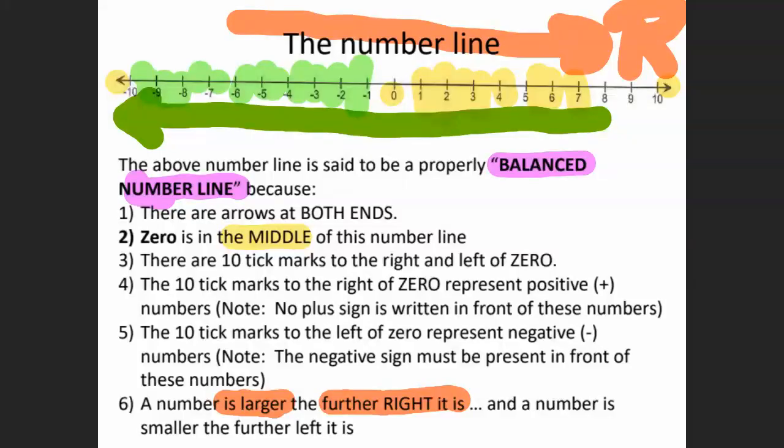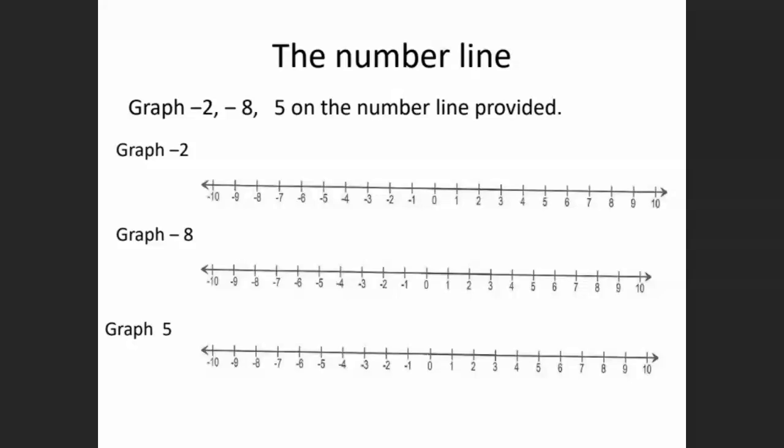Okay. Now, what you're going to be seeing is you are going to be asked to plot these particular points on a number line. And just like your homework, they're going to ask you to graph -2. Now, from the orientation, they gave you a method on how to use the graphing tool.